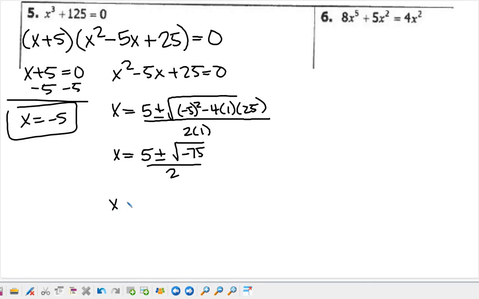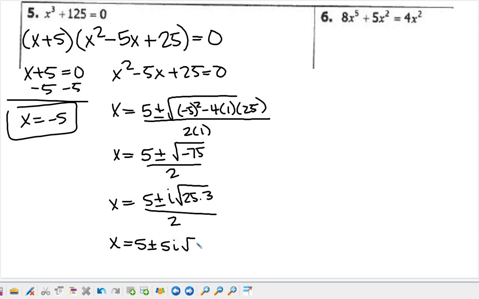So I have x is equal to 5 plus or minus. I'm going to pull that i out, and 75 is 25 times 3 over 2. So x is equal to 5 plus or minus 5i square root of 3 over 2. And again, I'm fine with this answer, but in college algebra they are very particular.